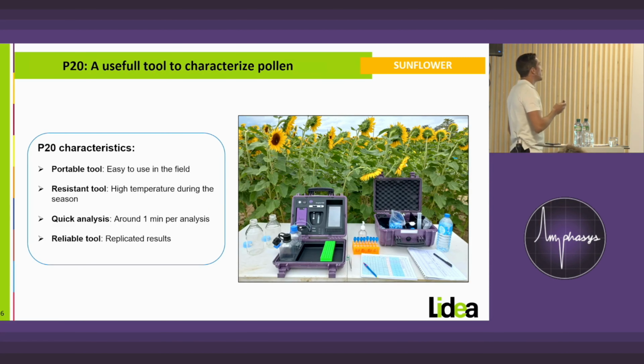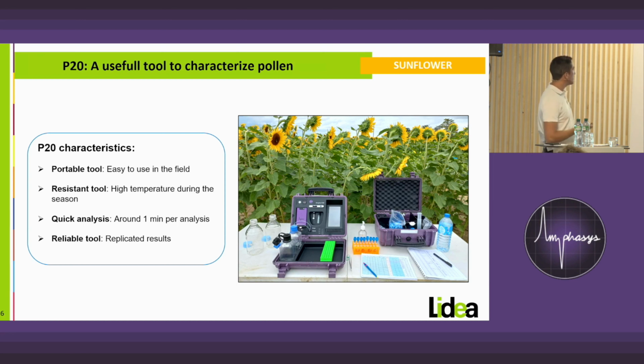So why did my department buy this P20 instrument? It's for these characteristics. You told us the characteristics of the P20. For production research, it's really easy to have this kind of instrument. First, because it's a portable tool, so it's easy to use directly in the field to manage the experimentation.